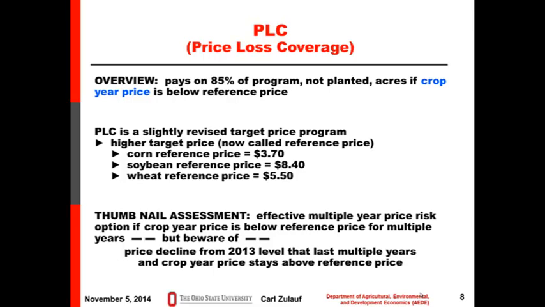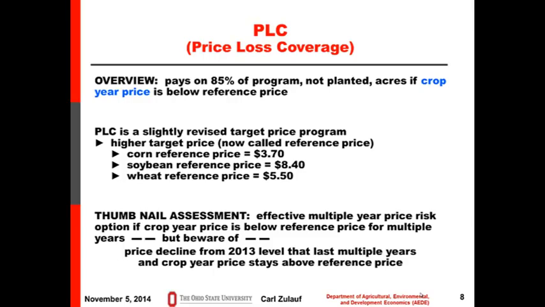Turning to PLC, or the Price Loss Coverage Program. PLC pays on 85% of program planted acres, same thing as ARC-CO, if the crop year price is below the reference price. So the reference prices are what is now the term that has historically been used for target prices.